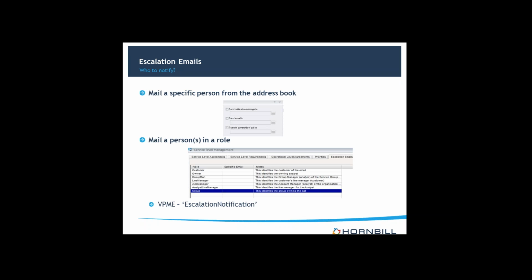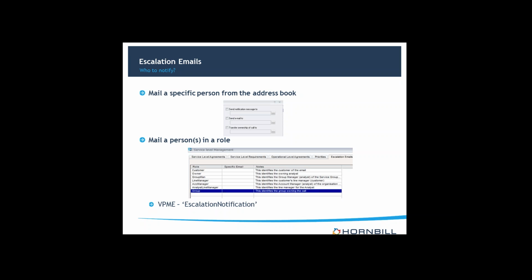A more advanced function is to email a person in a particular role. So we can trigger a group of people, and it's always going to be dependent on who the call is with to see who is going to get that notification.